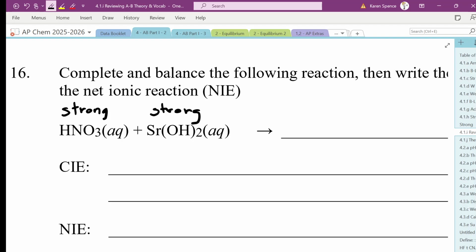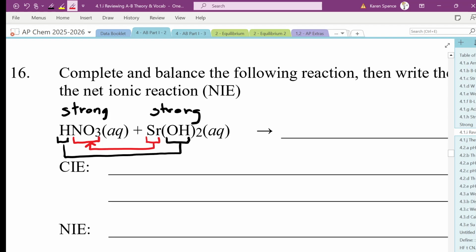So what you would do is treat this like any other acid-base reaction that you learned in grade 11. How do you predict the products of an acid-base reaction? It's a double replacement. So you combine your outside ions and you combine your inside ions.